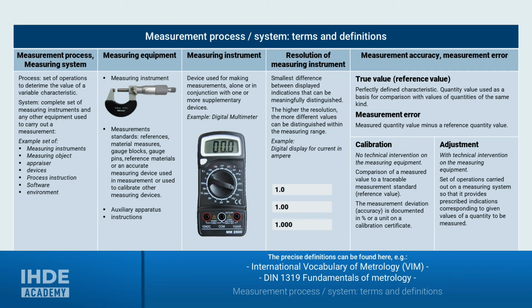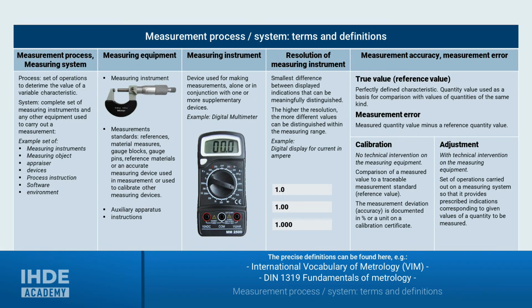A characteristic like the diameter of a piston has what is called a true value. The true value of a variable characteristic would be obtained with an ideal measurement. However, the measured value that is measured deviates from this true value. This is because various influences can cause variations in the measurement.